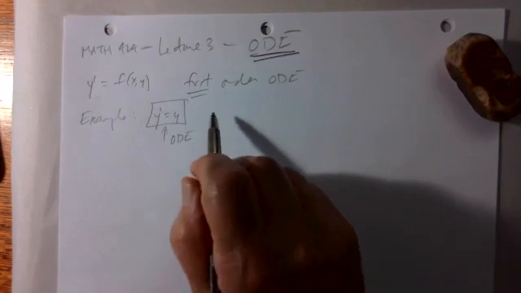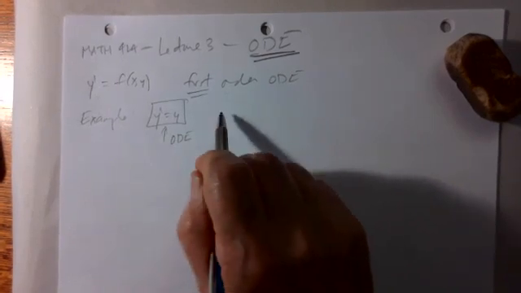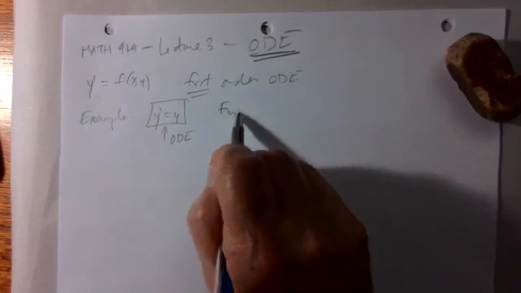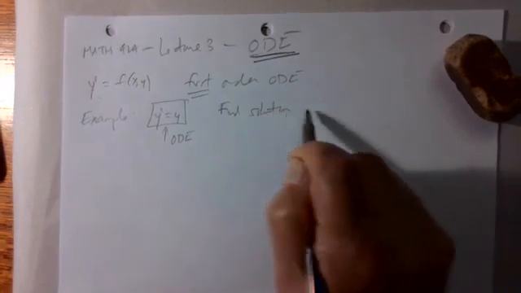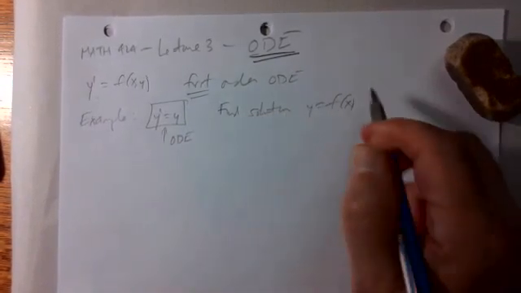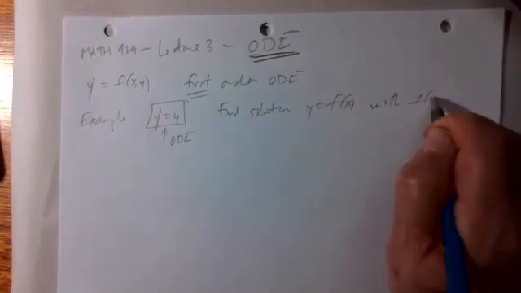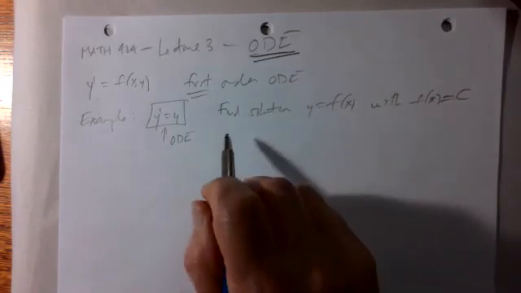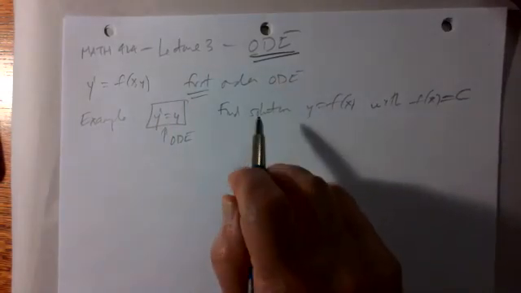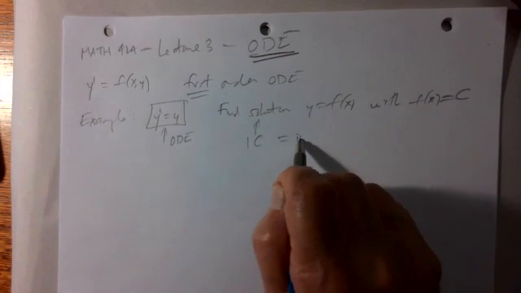But we also have an initial condition. We want to find a solution y equals f of x with f of 0 equal to some number c. So this is what is called the initial condition.